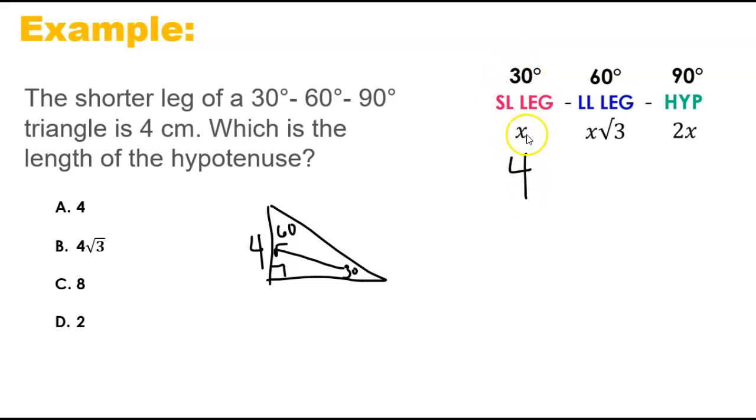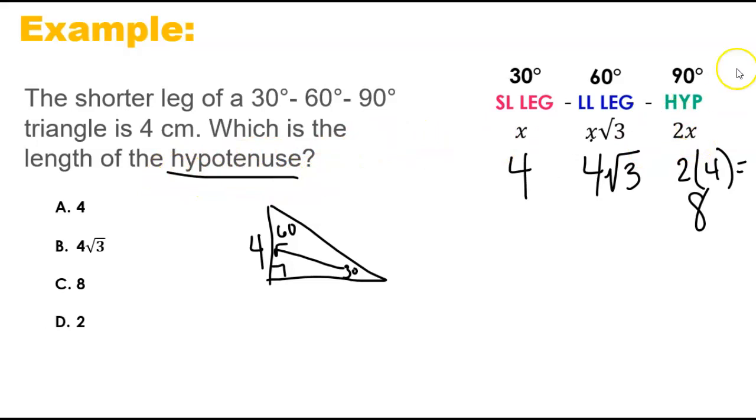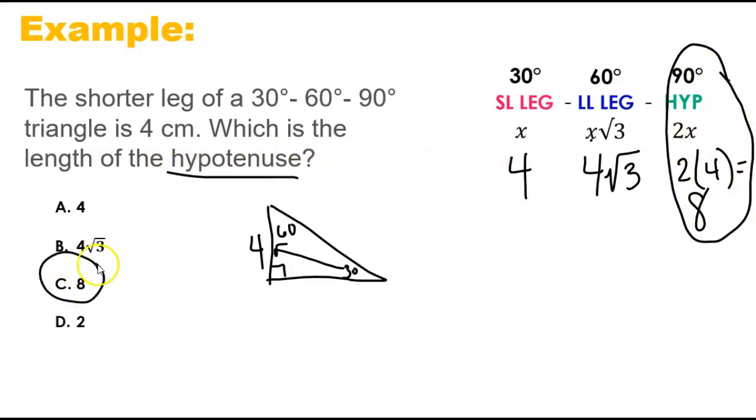So now I know that x is equal to 4. Everywhere I see an x, I'm putting a 4. But you've got to keep the other part with it. This other one is 2 times x, so it'd be 2 times 4, and this would be 8. It asks, what is the length of the hypotenuse? Right here, which would be 8.